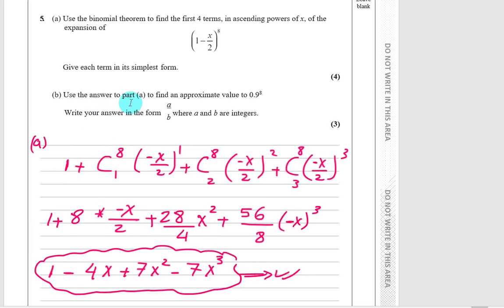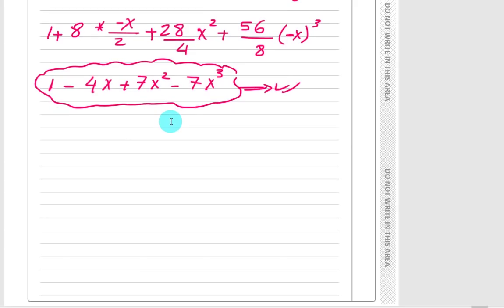Use your answer to part A to find the approximate value of 0.9 power 8. Write your answer in the form A divided by B, where A and B are integers. So now he needs 0.9 power 8. This is part B now. So we need to find x.